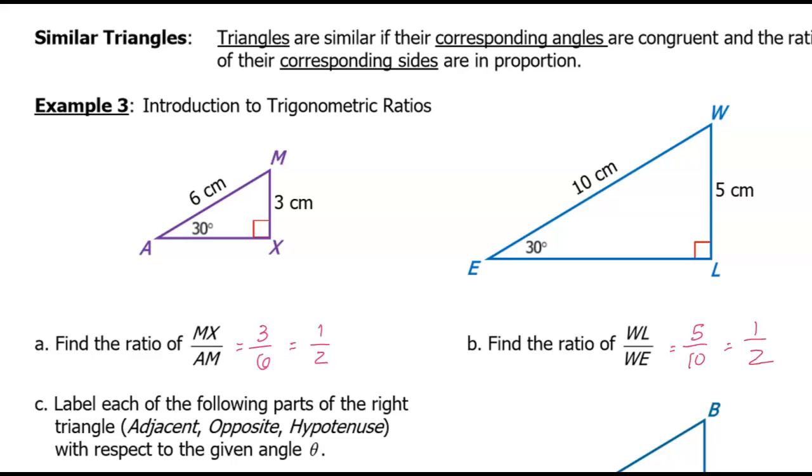These two numbers being the same, and we were comparing the exact same position sides, means that these two triangles are what? Not congruent. They're not the same size. They're similar triangles, because the ratio of side lengths are the same. They are proportionate.